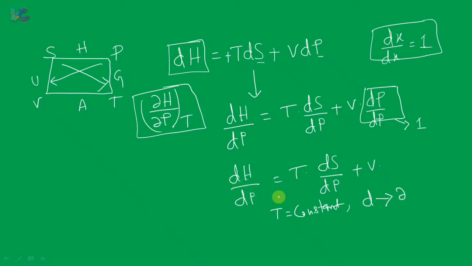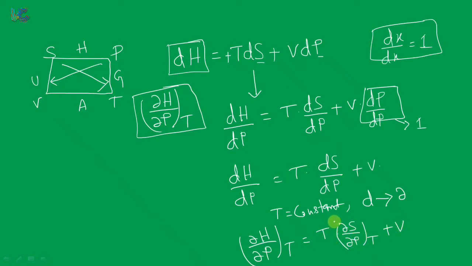So dH by dP becomes del H del P at constant T, equal to T into del S del P at constant T plus V. So del H del P at constant T is equal to T into del S del P at constant T plus V.